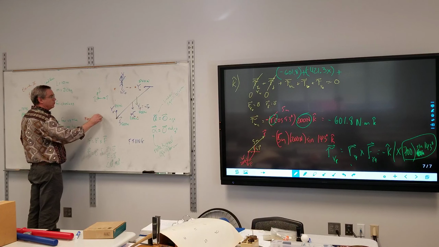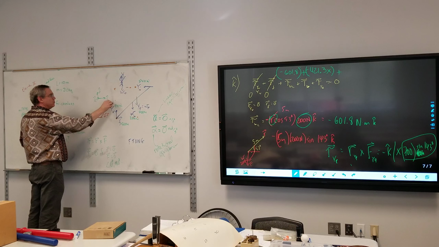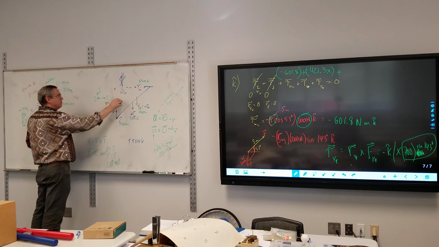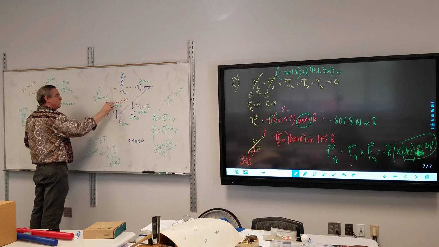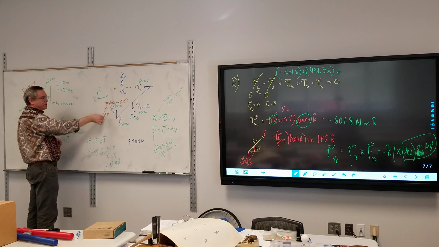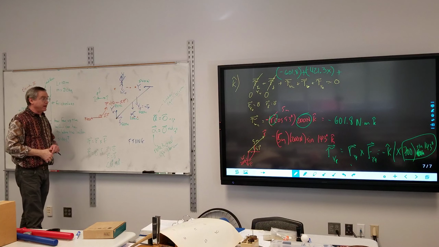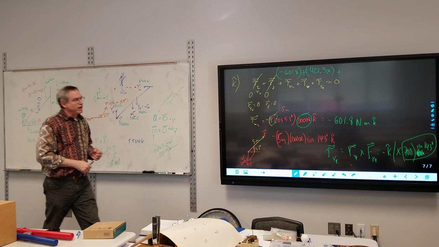We have R, which is off at that angle right there, so that's a 53-degree angle. That's my R hat, which is 10 meters at 53 degrees. So I can look at the perpendicular component, sine of 53, or I could calculate that angle right there and do the sine of that.